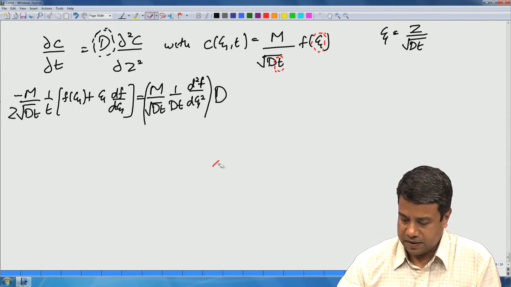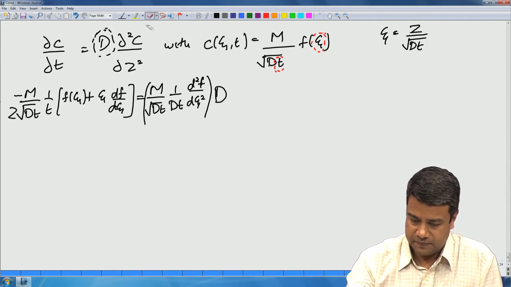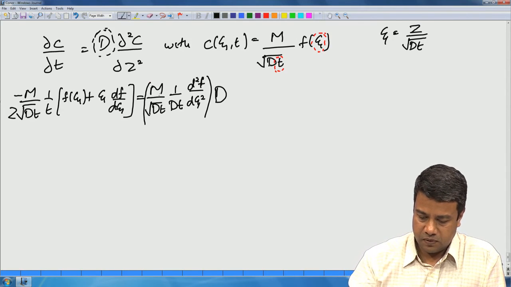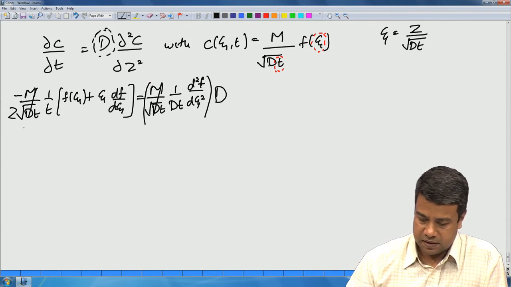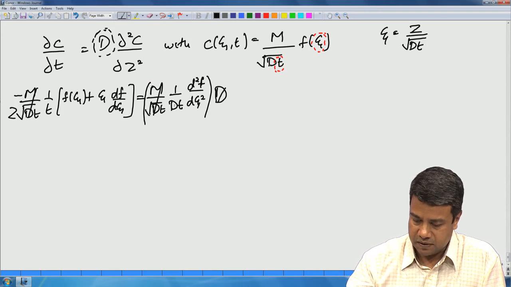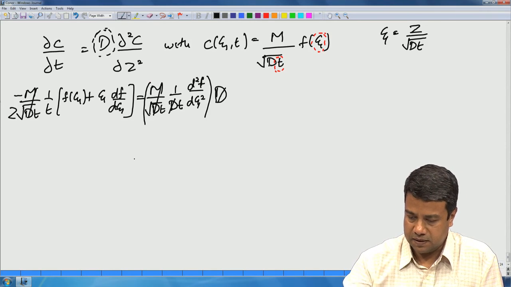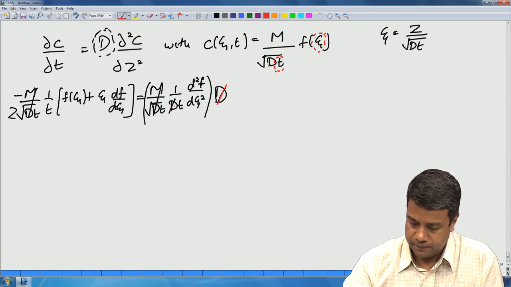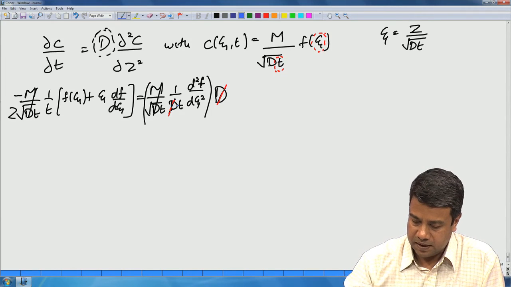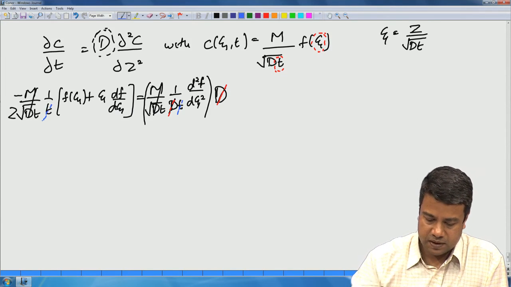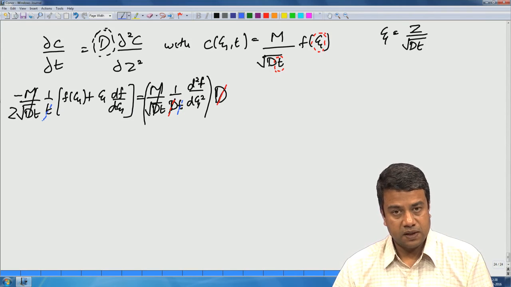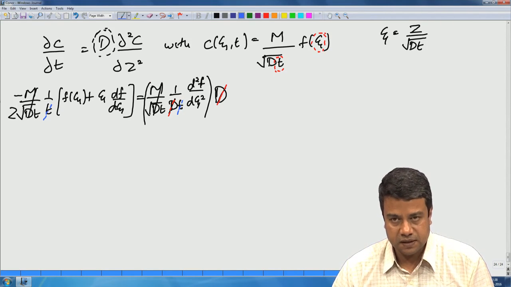And you can very well see that in this case as well, this m by root Dt will cancel out on both sides. This diffusion coefficient cancels out. And the 1 over time cancels out on both sides. And I end up with an equation which is a function of psi alone.